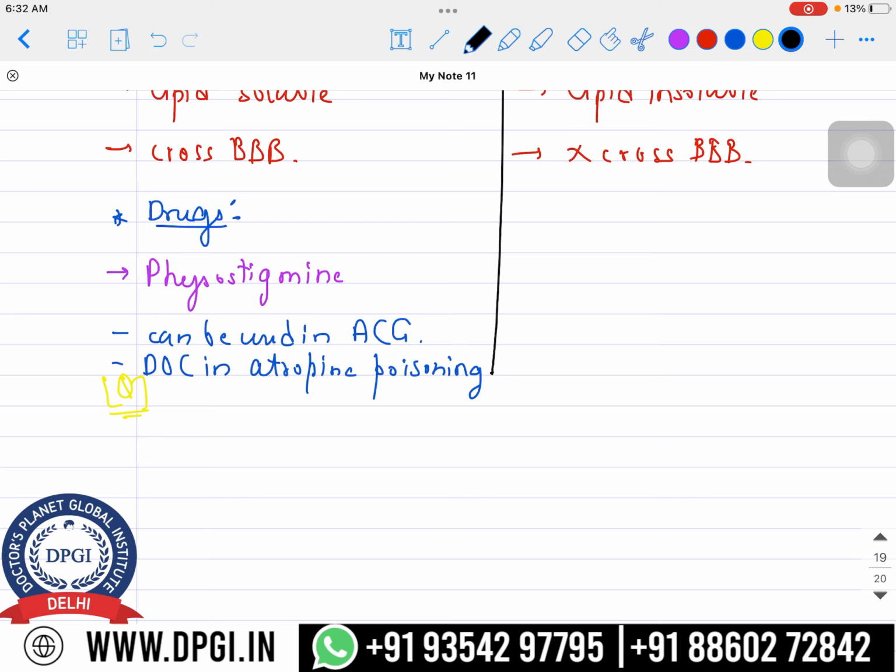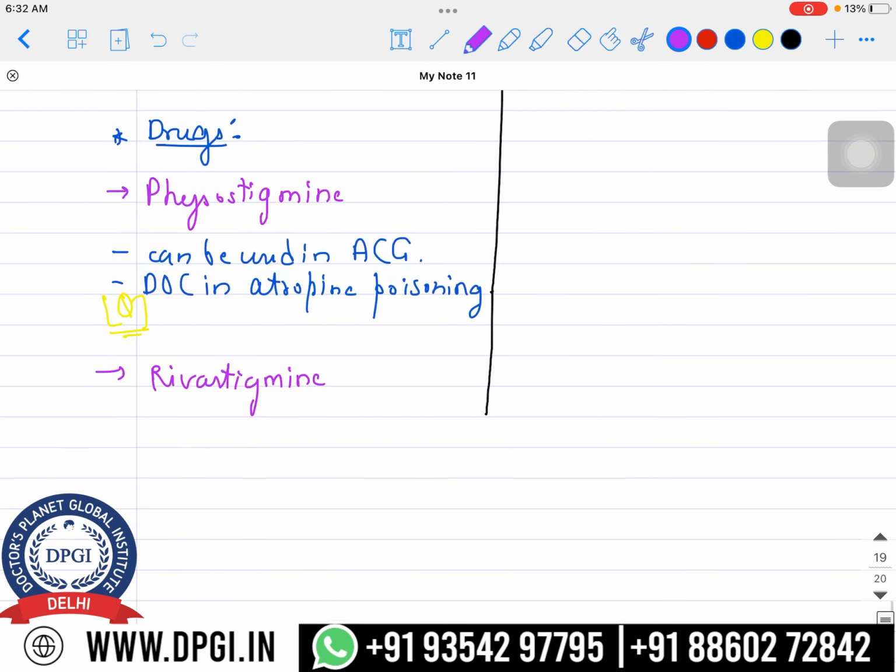Okay. Now, moving further, if you talk about other drugs, for example, rivastigmine. One more drug is rivastigmine, which comes in the category of tertiary amines only.